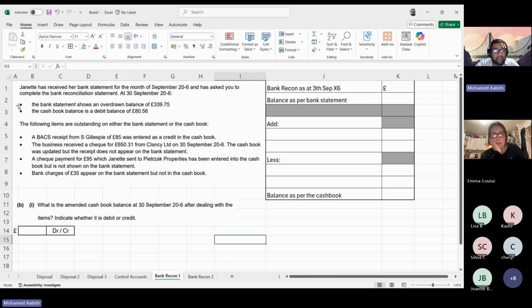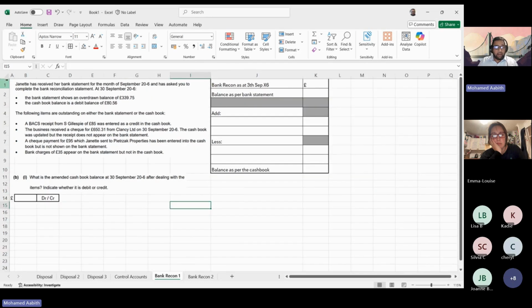The bank statement shows an overdrawn balance of £339.75. The cash book has a debit balance of £80.56. I need to take all that information with a pinch of salt and carry on.